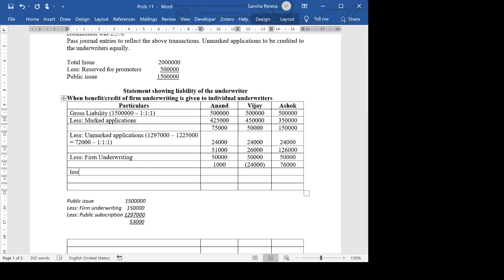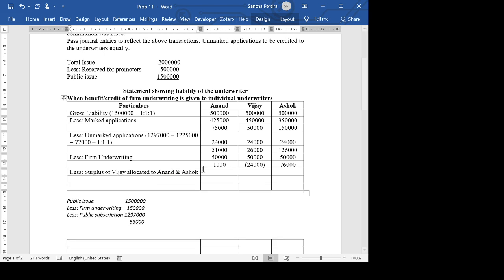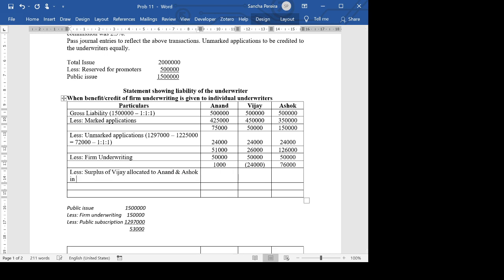So less surplus of Vijay allocated to Anand and Ashok in the ratio of gross liability, which is equal.